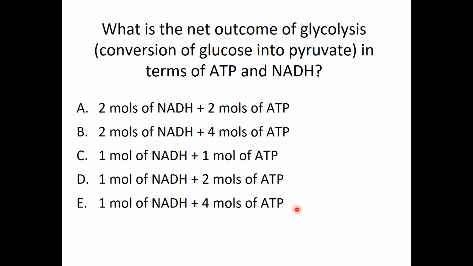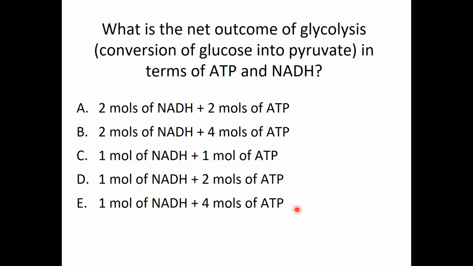But what if we are talking about the net outcome of glycolysis, when we start with glucose and form pyruvate? Please pause the video, think as long as you need, and then I'll provide you the correct answer. If we take into account both the investment stage and the payoff stage of glycolysis, we need to take into account that the payoff stage needs to be taken twice, because we have 2 glyceraldehyde 3-phosphate molecules going through the payoff stage.